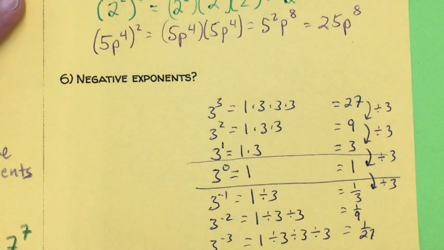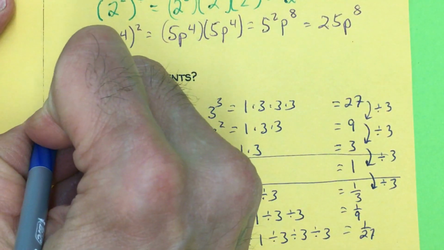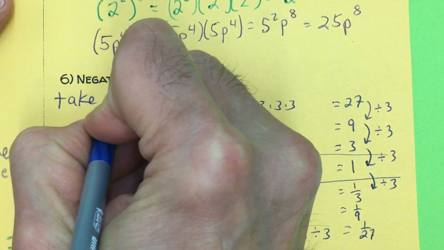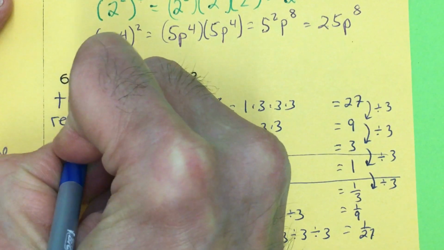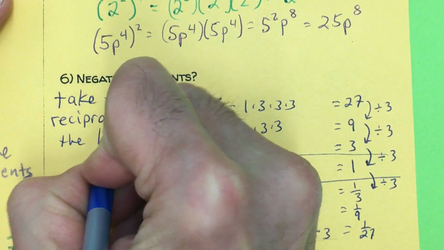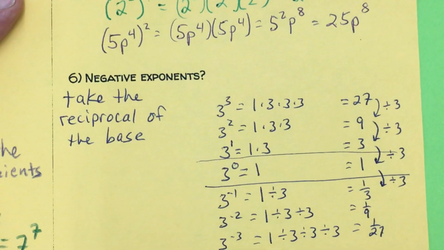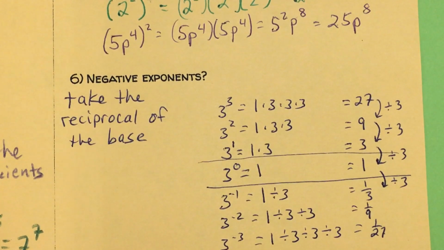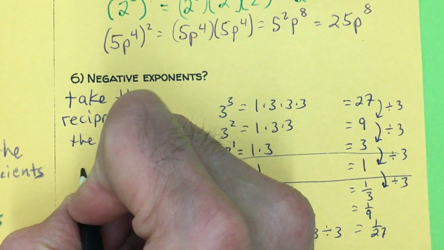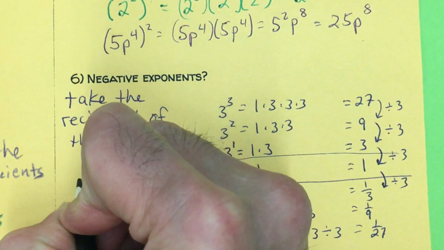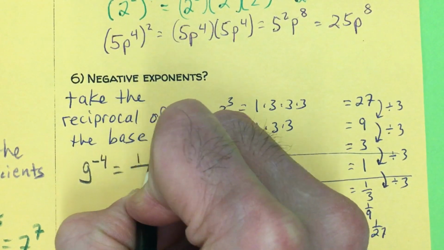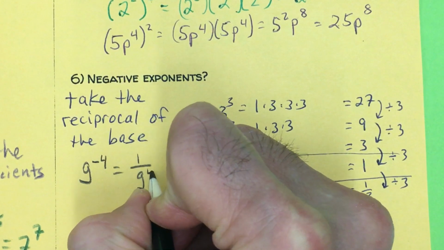So a negative exponent means take the reciprocal of the base. So I'm going to give you one more example just to try out. g to the negative 4th power equals 1 over g to the positive 4th power.